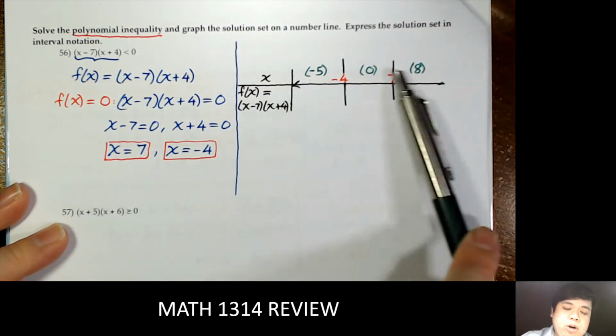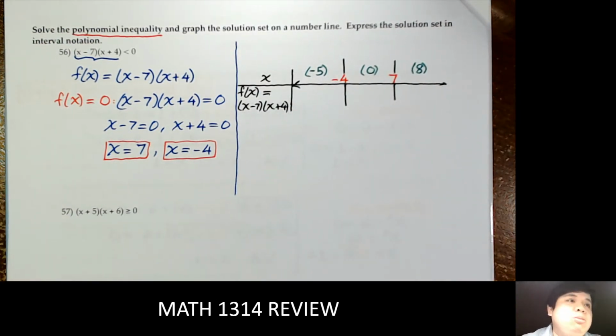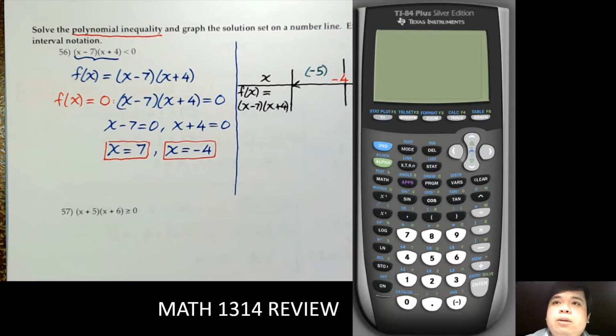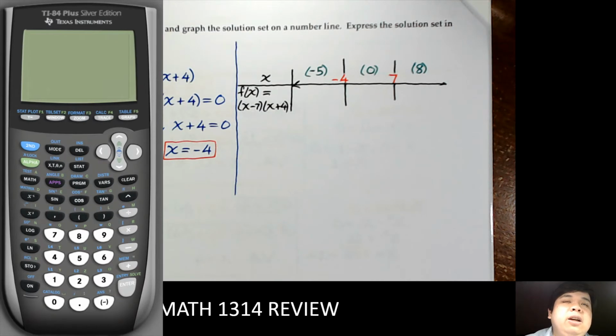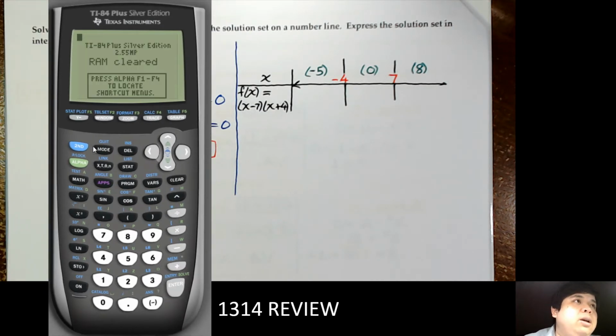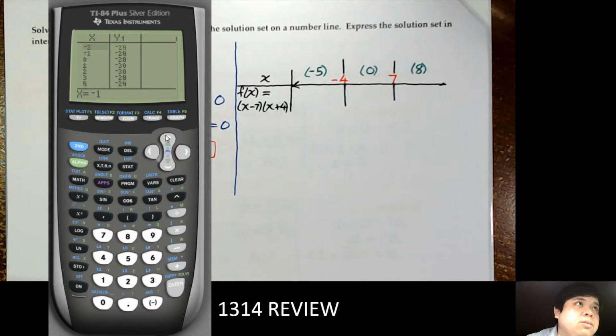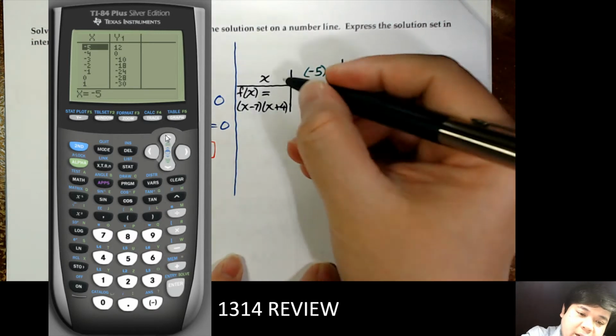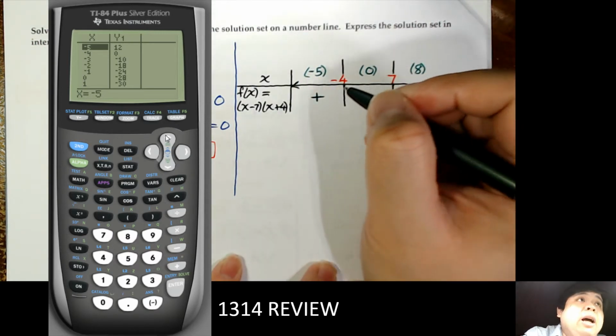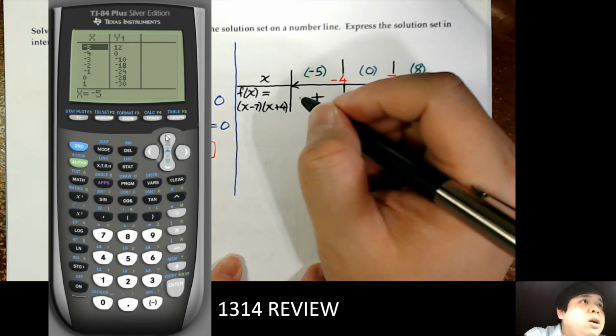Right. And we put those numbers into the function. Just going to use the calculator here. Y equal to x minus 7, x plus 4, just the original function. Right. And I hit second table. Negative 5, it is positive. 0, it is negative.